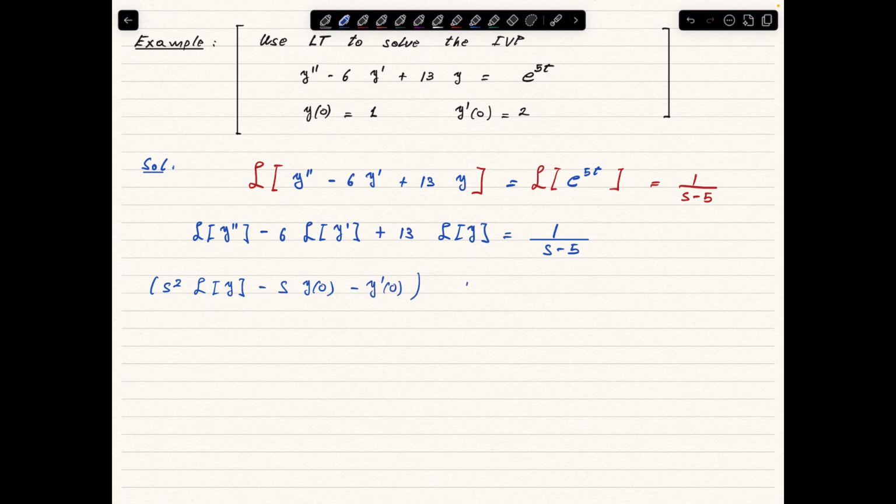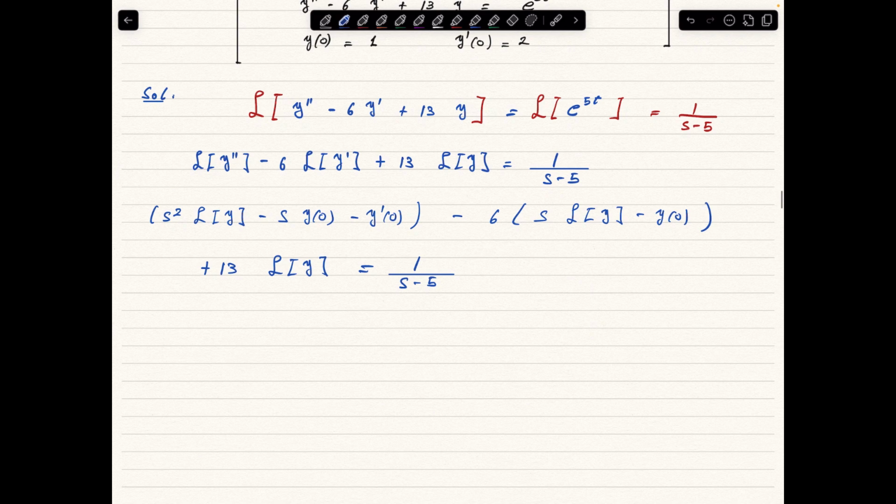Then we have minus 6 times the Laplace transform of the first derivative, which is s times the Laplace transform of y minus the function at 0. Then we add plus 13 times the Laplace transform of y, and all that has to be equal to 1 over s minus 5.